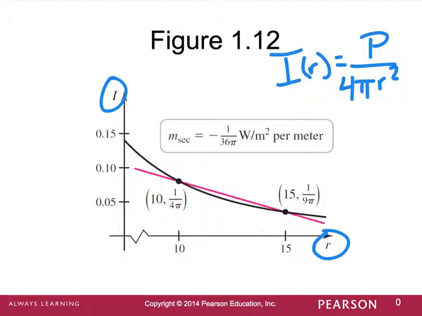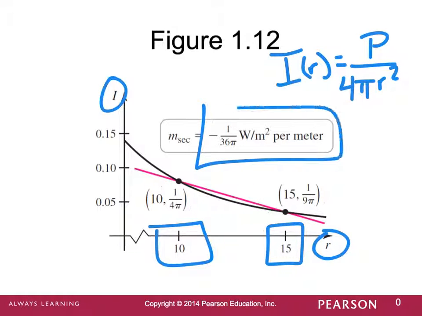So if we were to look at the intensity of the sound when someone is standing 10 meters away as opposed to 15 meters away, we can evaluate in this function, and we get 1 over 4 pi and 1 over 9 pi. And looking at the secant slope, we get negative 1 over 36 pi watts per square meter per meter. And so what this is telling us gives us an idea of what's happening as we move from 10 to 15.